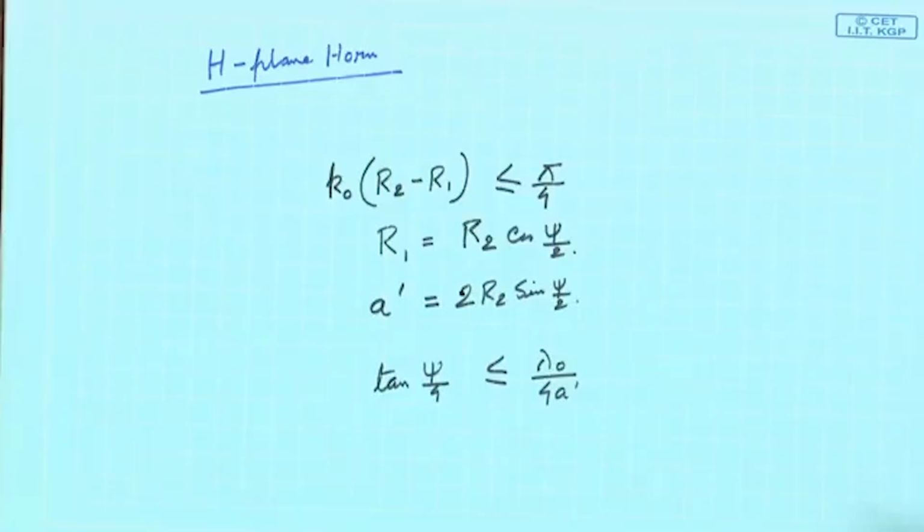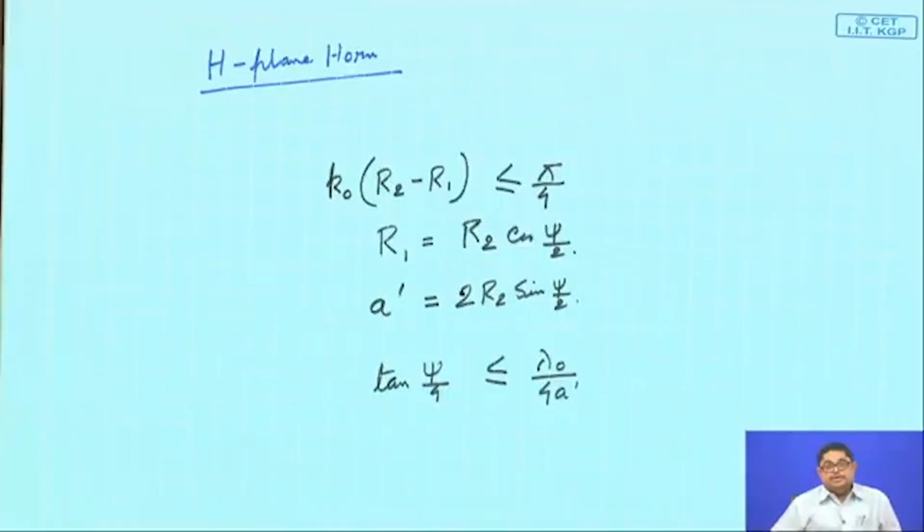So if we want a large aperture opening, the flare angle will be small, resulting in very long and bulky horns. This is the disadvantage of horns, that they become very bulky. That is why with the horn we can produce only a modest gain.